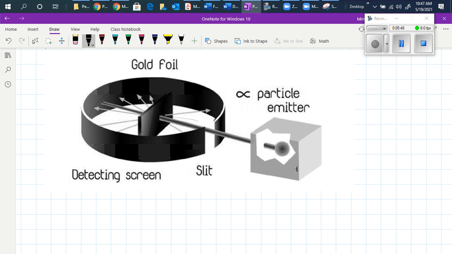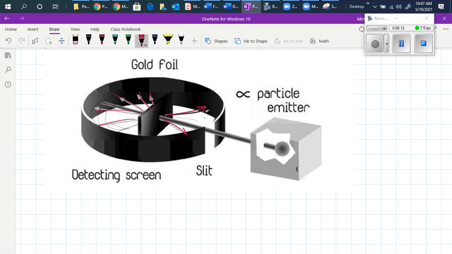However, what he saw was that they were deflected all over the place. Some were deflected back, like this one here. Some were even going through and deflected, some to the right and some to the left.